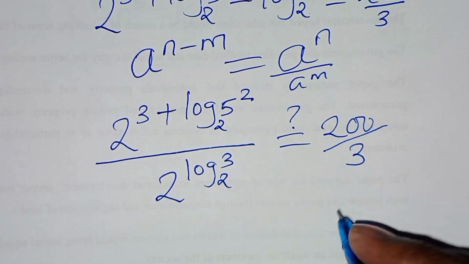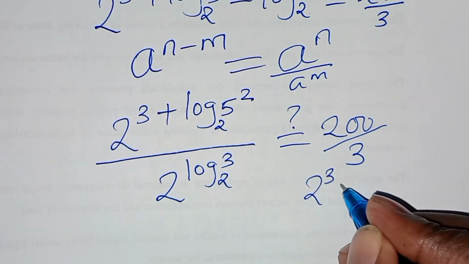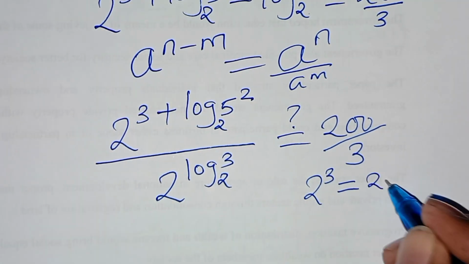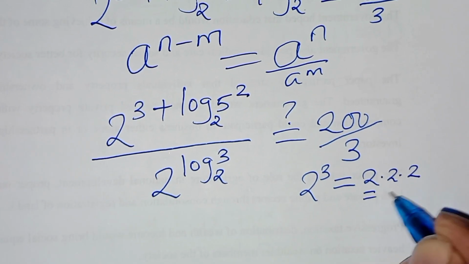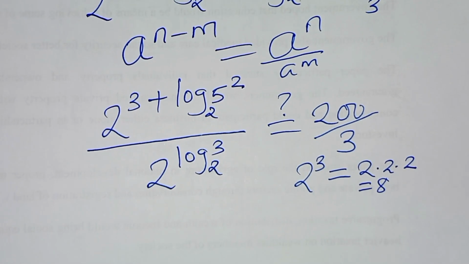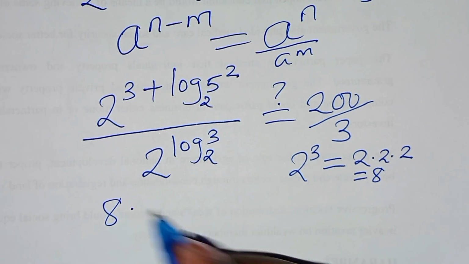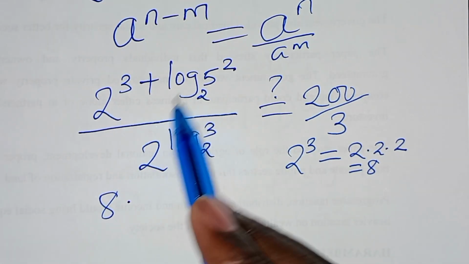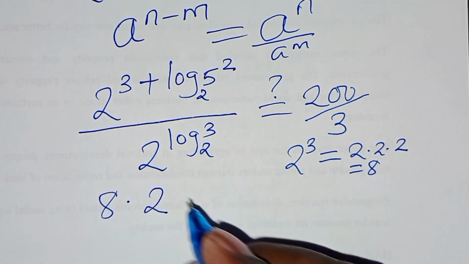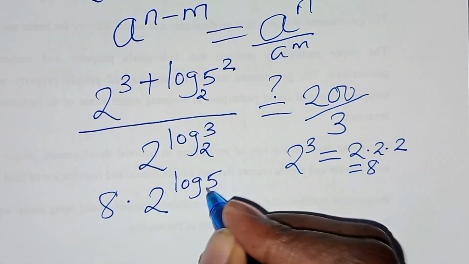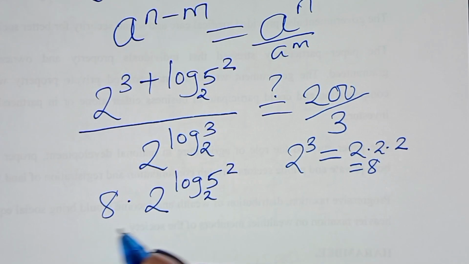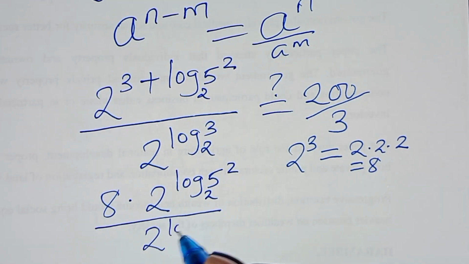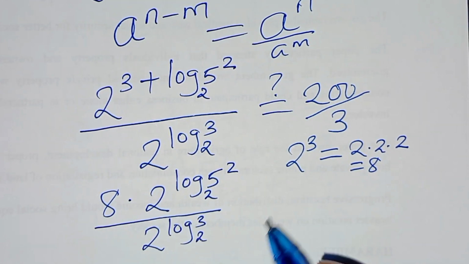Now 2 to power 3 here, this is the same thing as 2 times 2 times 2, and this is equal to 8. So we have 8 here multiplying by 2 to power log 5 squared to base 2 divided by 2 to power log 3 to base 2.